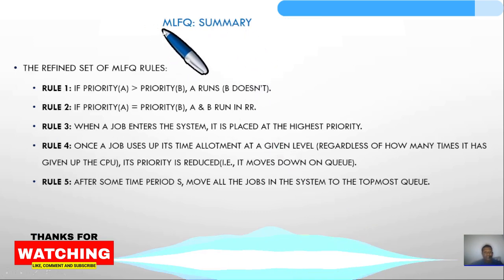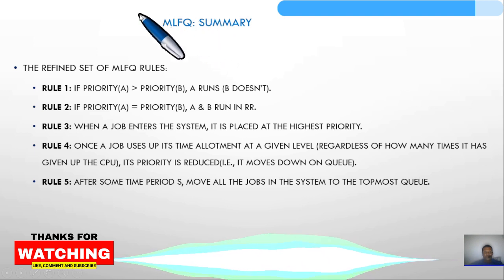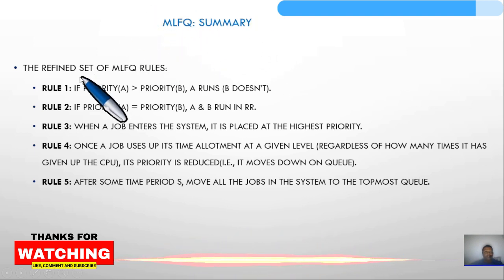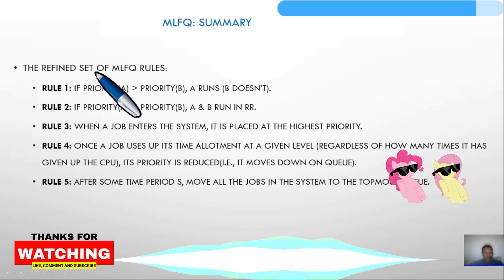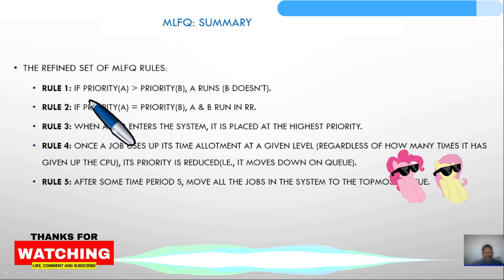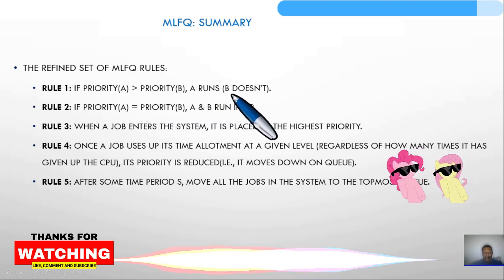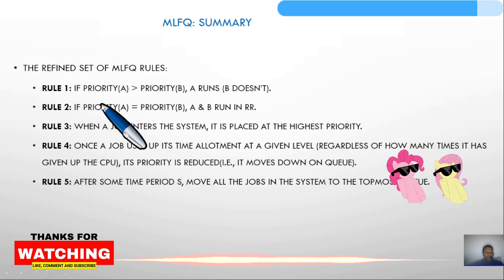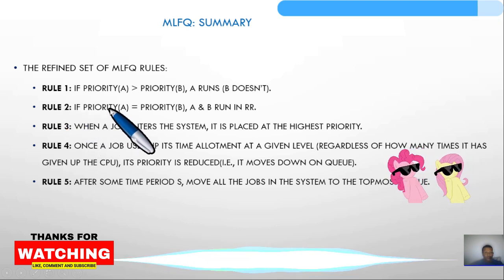Just in summary, MLFQ summary, the refined set of MLFQ rules. Rule number 1, if priority A is greater than priority B, A runs, B does not run. Rule number 2, if priority A is equal to priority B, they run in round robin fashion.